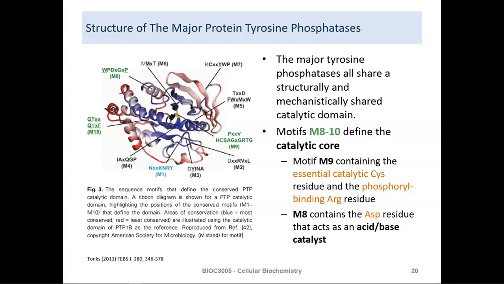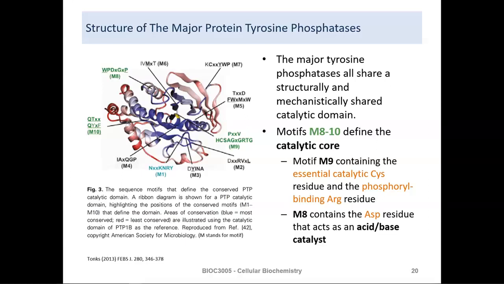In addition to these motifs, M1 provides a binding site for the phosphotyrosine and gives the phosphatase its specificity for a specific phosphotyrosine on a protein. In the mechanism, what we see occurring is the cysteine nucleophilically attacks the phosphorus of the phosphotyrosine.